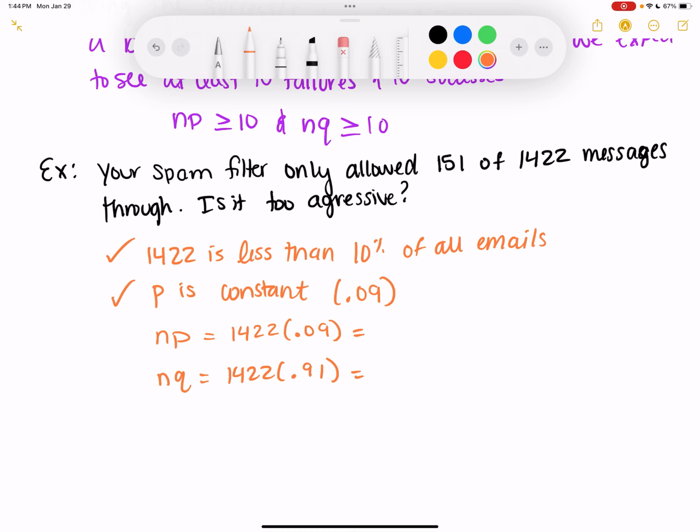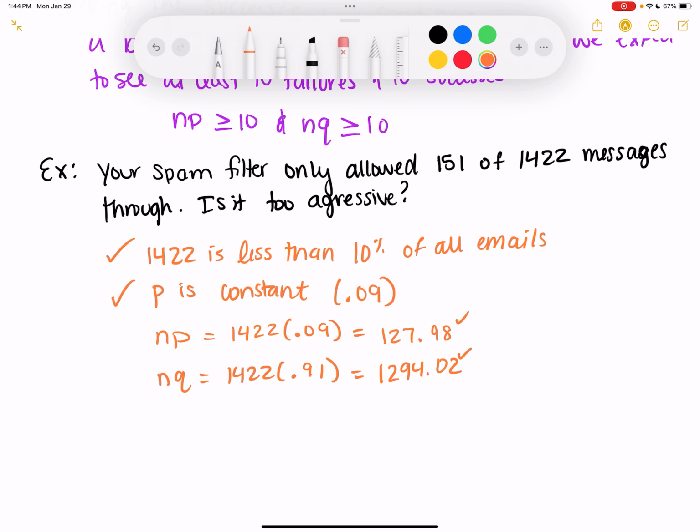So what was the question we're asking? We need to find out if it's greater than or equal to 10. So that one is equal to 127.98. Okay, so that one's greater than 10. And the other one is 1,294.02. Those numbers add up.